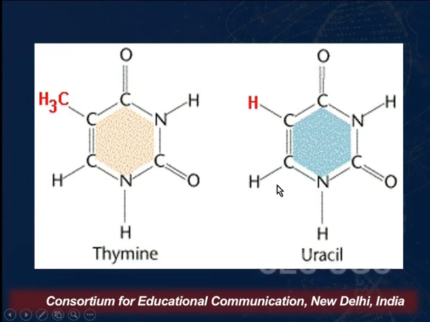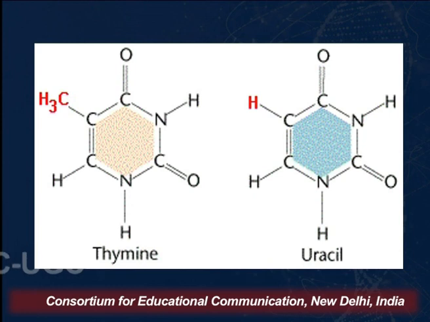So where do DNA and RNA differ? The DNA and RNA differ in their pyrimidines, whereas in both of them, the purines will be the same. That is, in both of them, the purines are adenine and guanine, whereas the pyrimidine is different.